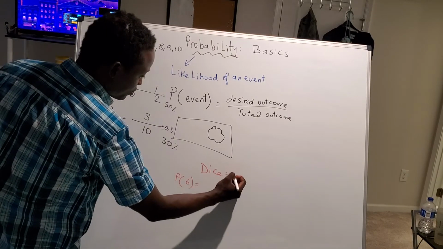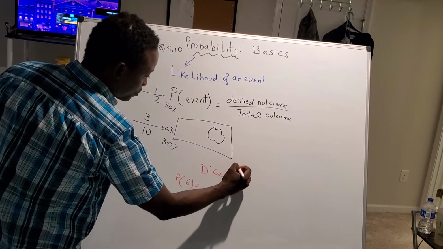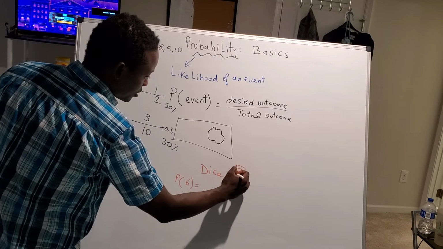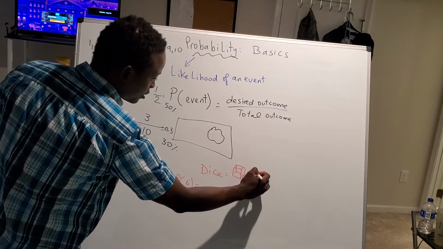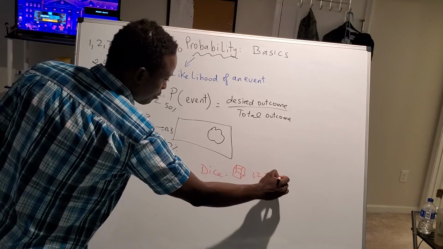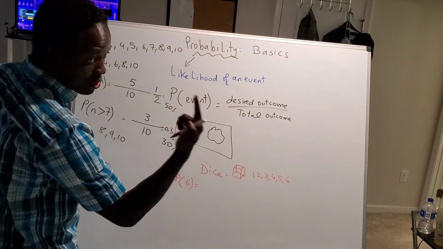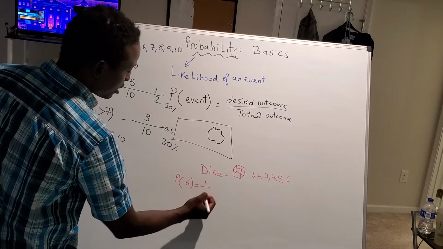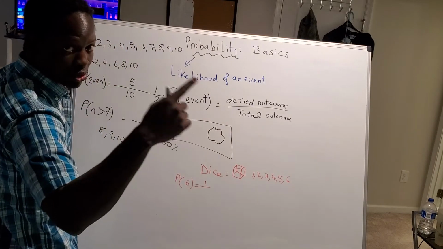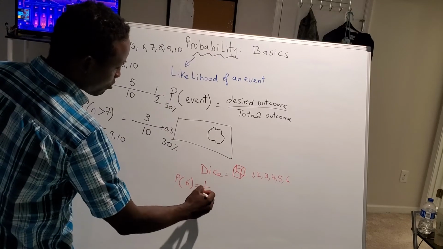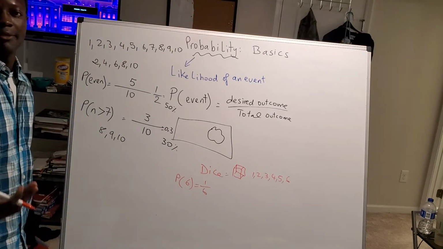All right, a dice is like a cube, right? It has numbers 1 through 6, 4, 5, 6. What's the probability you get a 6? The desired outcome is 1 number, so that's 1. The total possible values for the dice is 6. So 1/6.